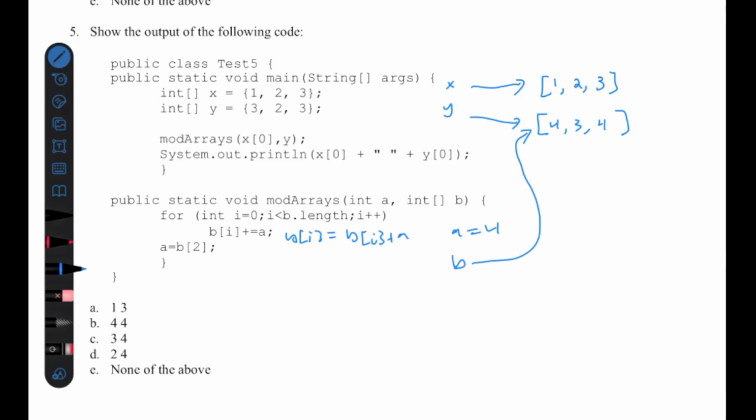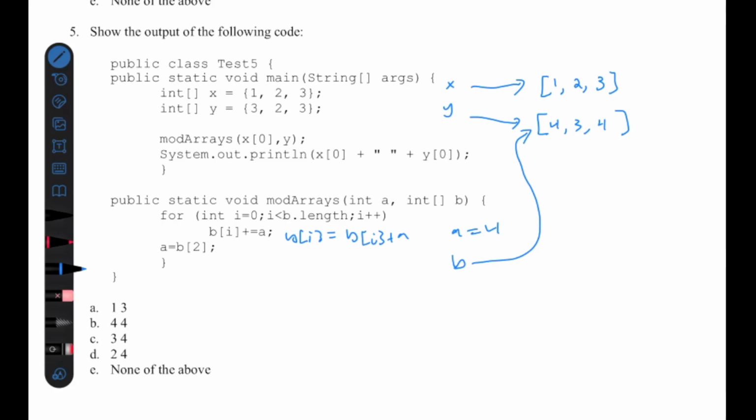So there's only one line in that for loop, and that's the b[i] plus equals a. Not the a equals b at index 2. That's why I added 1 to each element and not a different number. The a assignment happens after the for loop, and then we change the a and we return. That return void, that method is over.